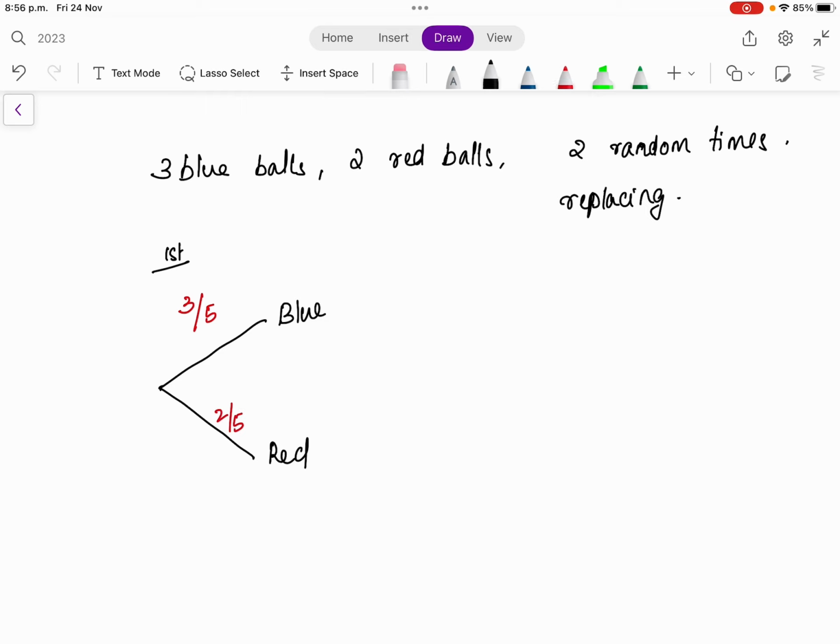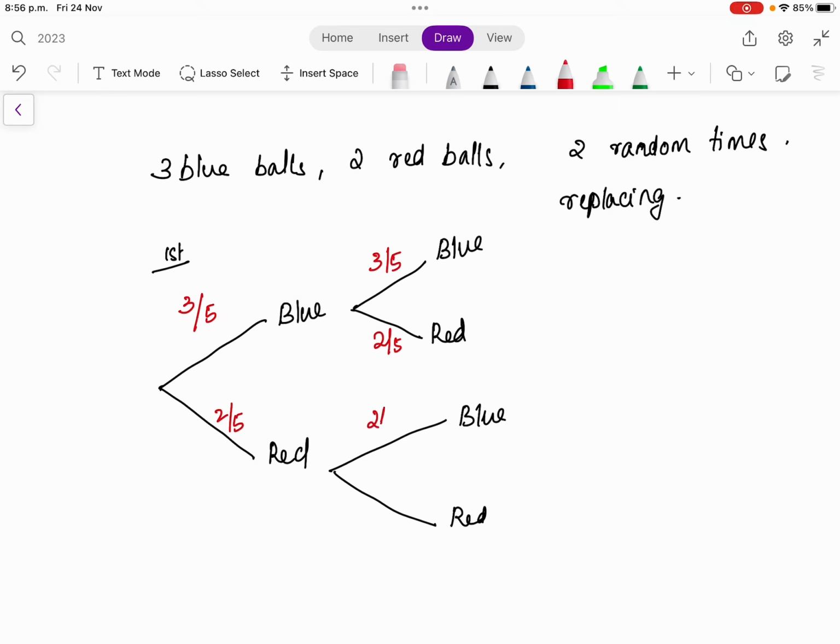Now we are replacing the ball into the bag, which means the number of balls in the bag is not changing. So when you do it the second time, the probability of getting a blue ball is again 3 over 5, and for the red, it is 2 over 5. The same thing continues in this branch also: blue is 3 over 5, and red is 2 over 5.